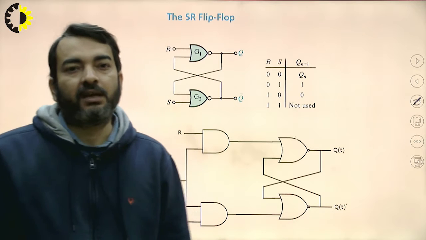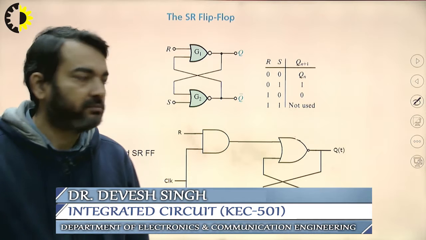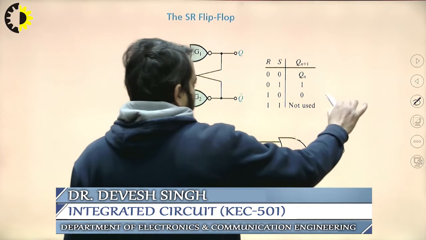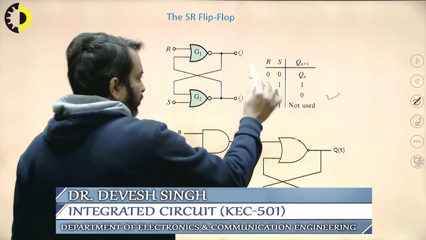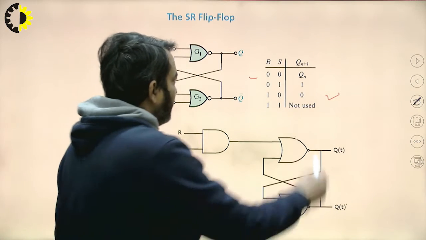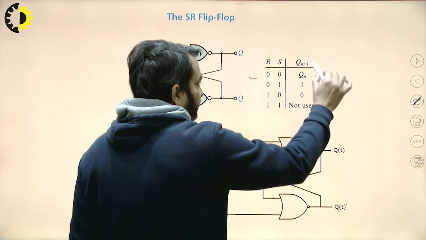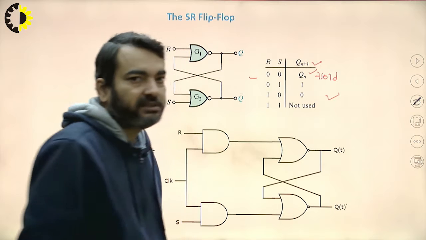Now we will see the CMOS implementation of SR flip-flop. So this is the table of SR flip-flop. If both the inputs are 0, 0, we will say this will be the hold state, which means the next state will be the same as the previous state.